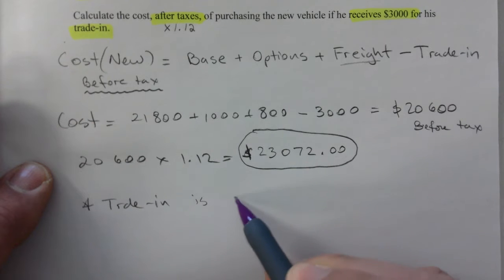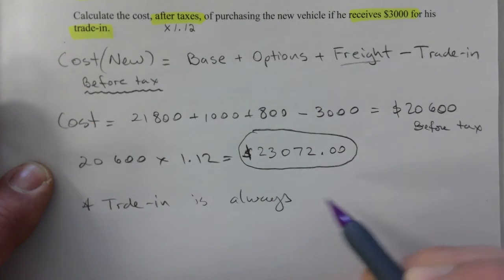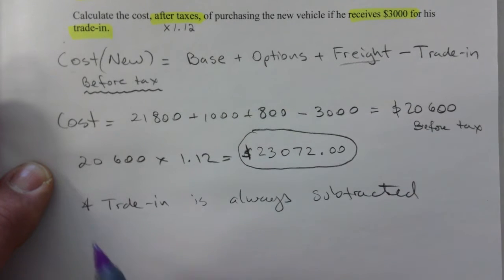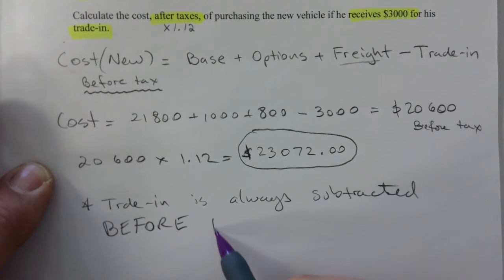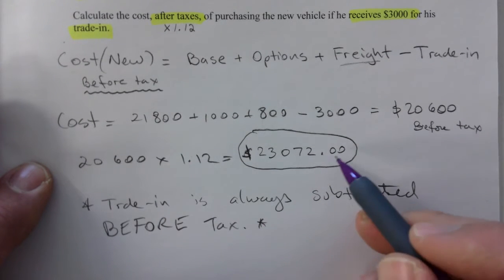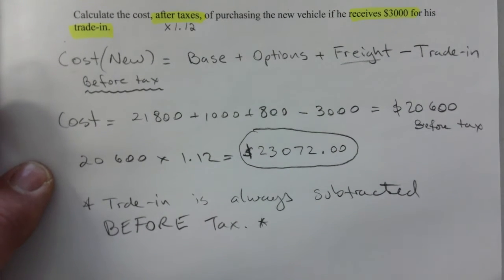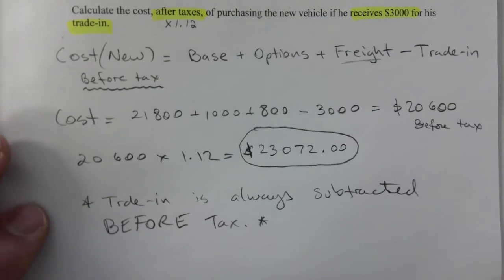Trade-in is always subtracted before taxes. Okay, if you subtract it afterwards, it's going to be wrong. Okay, you're going to lose that.